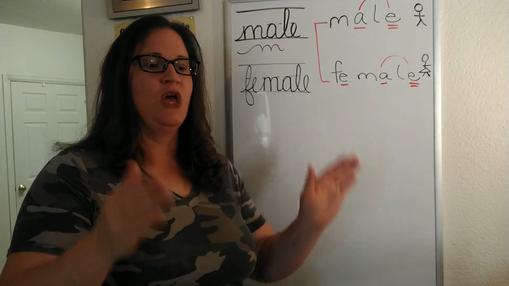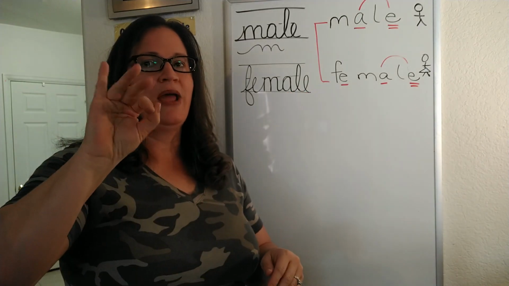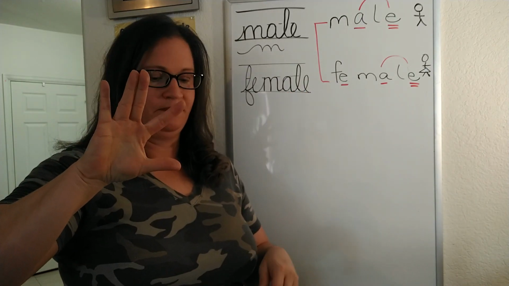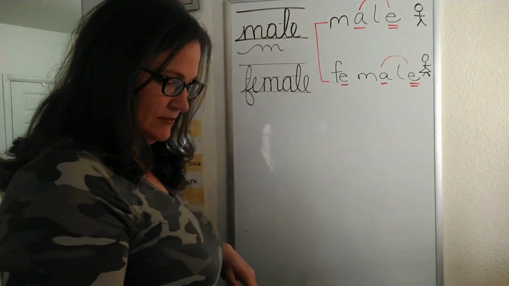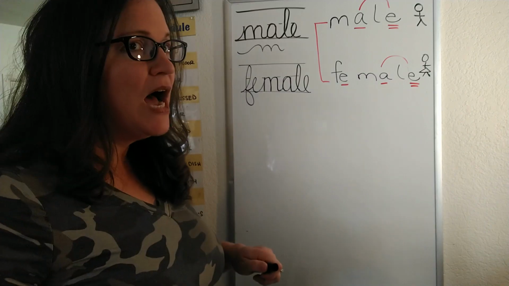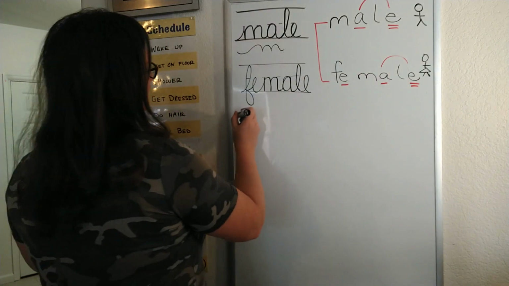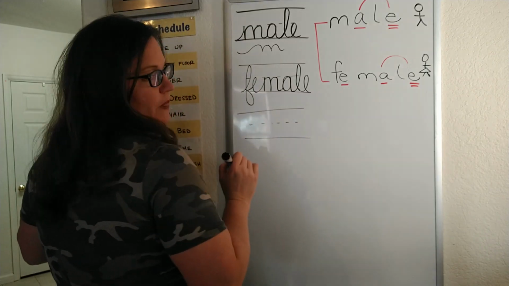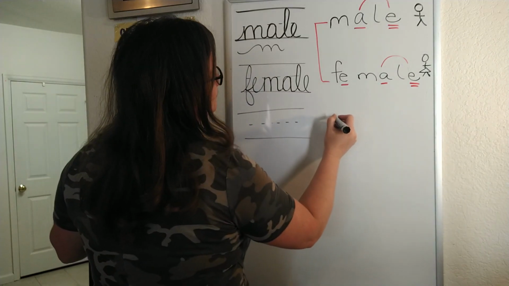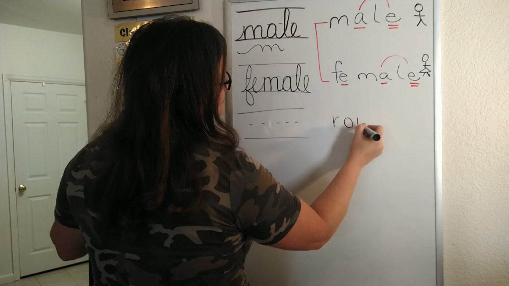Okay, say it with me. Round. R, ow, d. Say it as you write it, please. And it's not duh. Okay, spell it for me. R, ow, d.